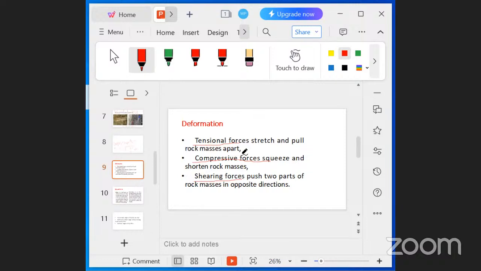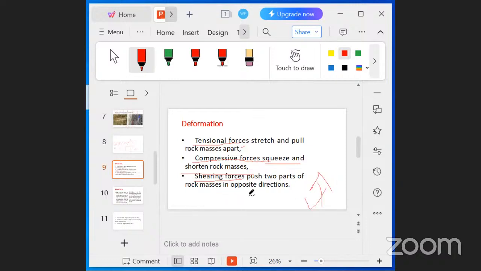These stretch and pull rock masses apart. Compressive forces squeeze and shorten rock masses. And shearing forces push two parts of rock masses in opposite directions.